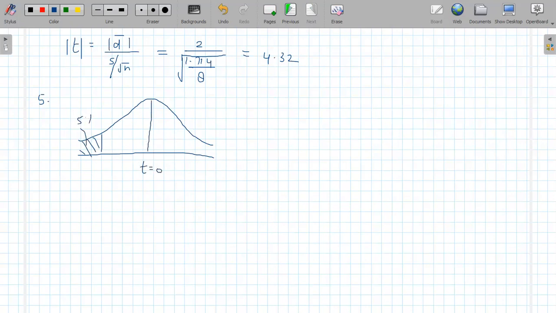This is 5%, and the degree of freedom is 7. So the value of t is minus, I think, 1.9. We mark the critical and acceptance regions. This is the critical region, and this area is 95%. This is the acceptance region.